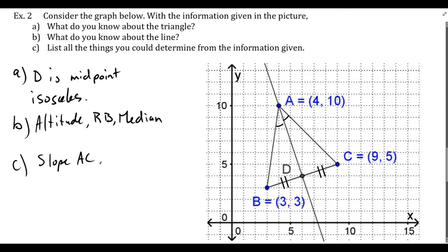Yeah. So slope of AC, AB, and BC. So the slope of the 3 edges. So that could count as 3 things. Length of the 3 edges of the triangle. Very good. What else?